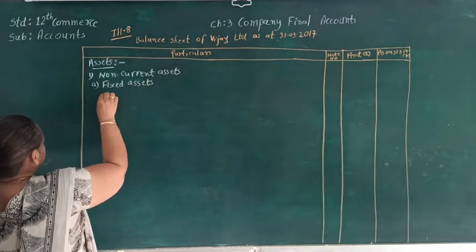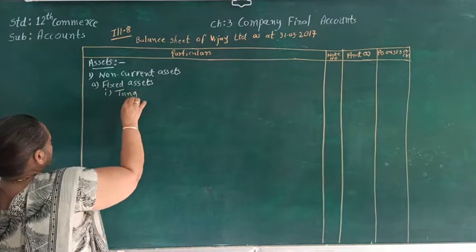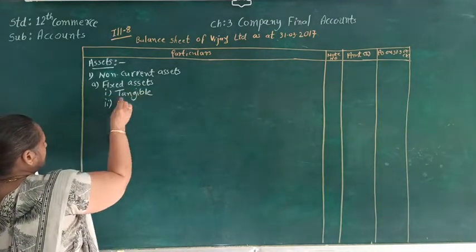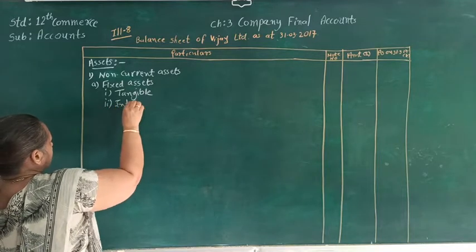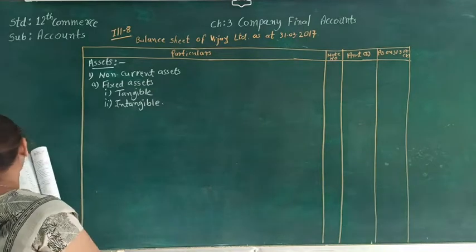That fixed asset is again divided into two categories: tangible asset, intangible asset.